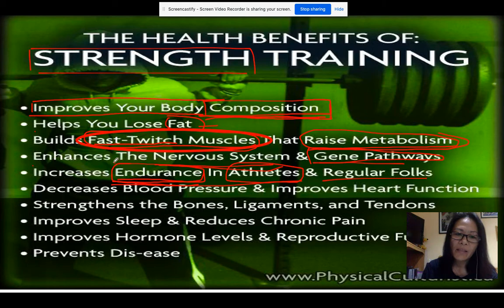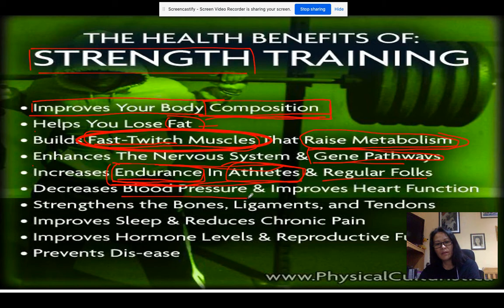Hindi kailangan mag-burn ng so much fat kasi nga endurance, kailangan nila i-save yung energy. Decreases blood pressure because once your muscles are strong, especially those muscles surrounding your blood vessels, it actually will help decrease blood pressure, no?